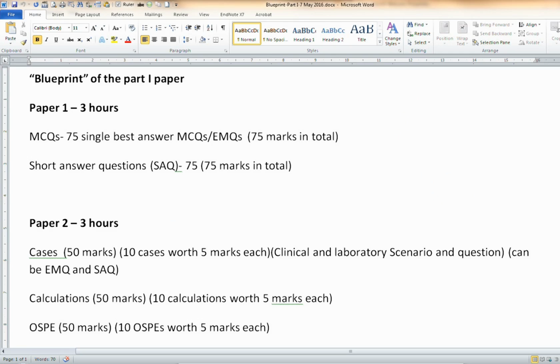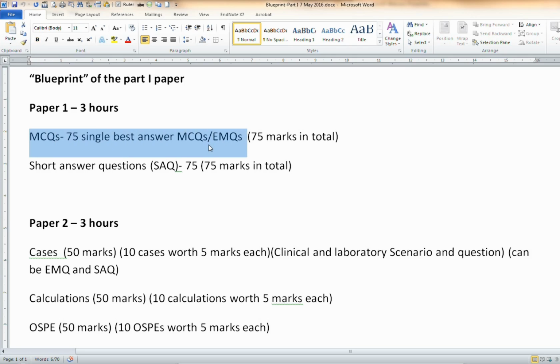Okay, so let's look at the actual structure of the exam, or rather the blueprint of the Part 1 paper. What you can see here, you've got paper 1 and you've got paper 2. Each one will last 3 hours, right? And then paper 1 will have MCQs or EMQs, extended matching questions.